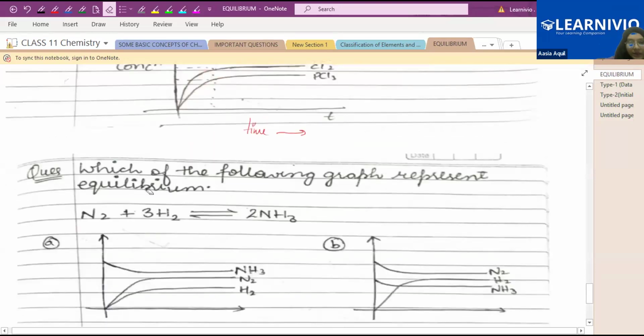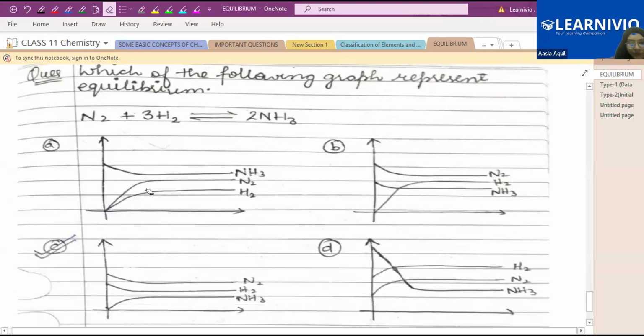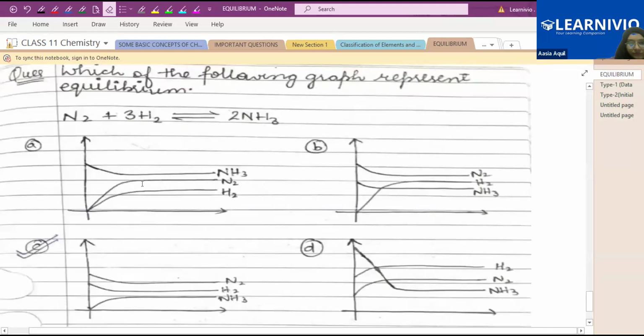Now see, suppose this is your question. The correct option is marked over here, no issue. Let's understand the question. Which of the following graphs represents the equilibrium for this reaction? N2 plus 3H2, in equilibrium, gives 2NH3. You have to check which option represents the correct equilibrium graph. It is again a concentration versus time graph.